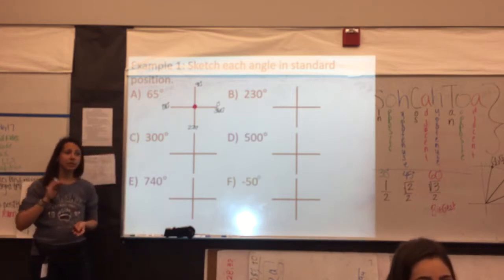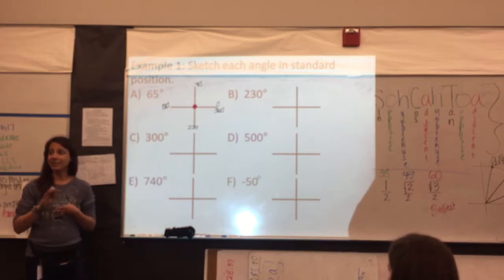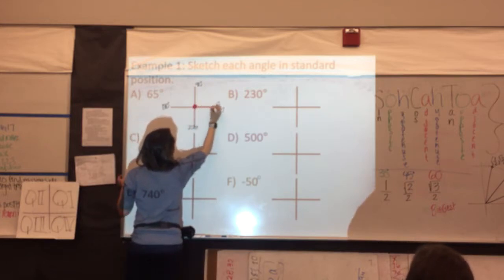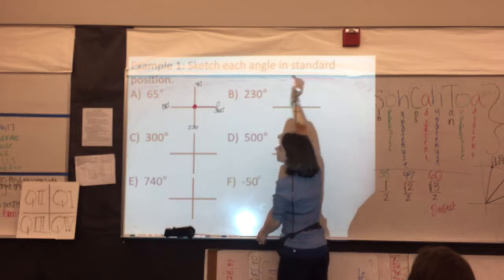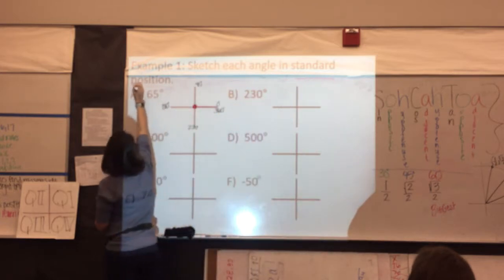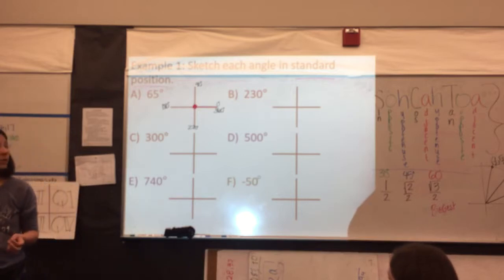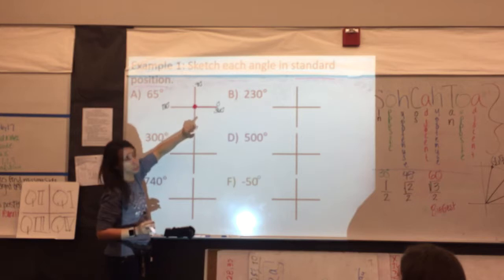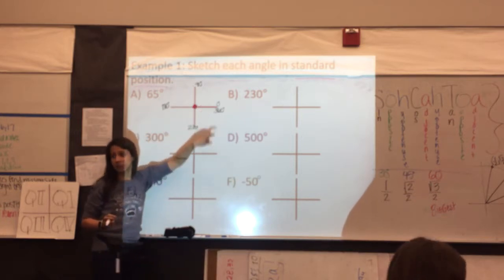The initial side, that's the beginning side, is always on the positive x-axis. So these 2 things are always in the same spot if we're looking at an angle in standard position. Next time we're going to learn about reference angles, and that initial side will move, possibly, but the vertex will always be here. In standard position, which is what we're doing today, it's always on the positive x-axis.